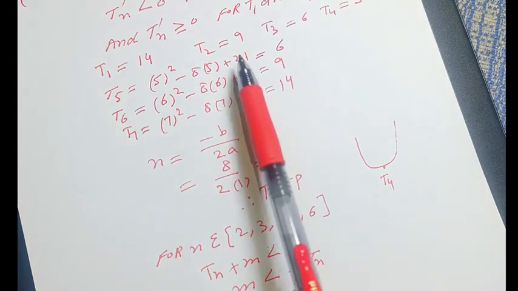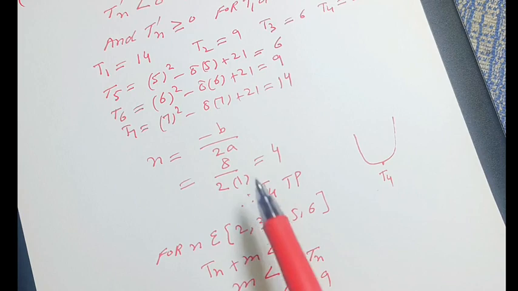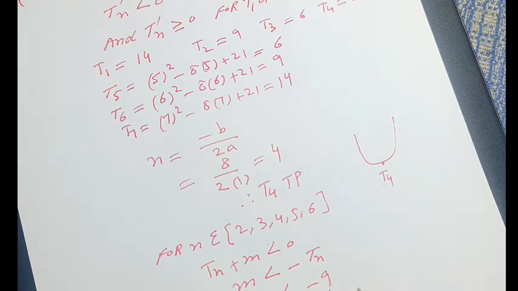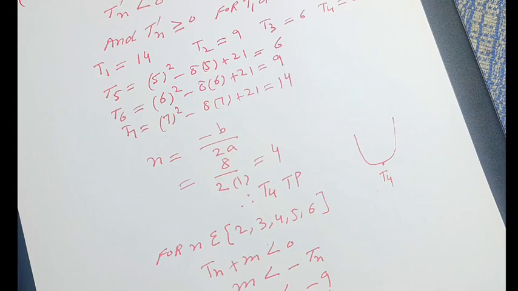So for term 2 we got 9, so m is less than negative 9. Then term 3 we got 6, so m must be less than negative 6. And this is 5, that's term 4, so m must be less than negative 5.